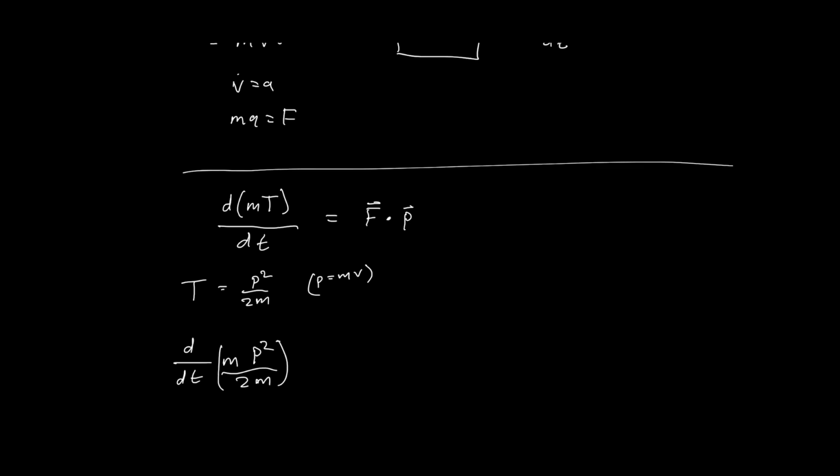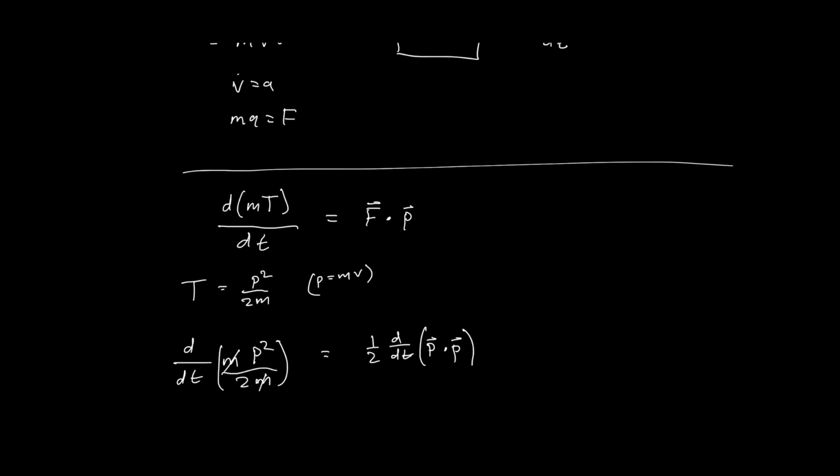And you can see immediately the m's cancel, so we get 1/2 out front, and the time derivative of p, which is a vector, dotted with p.